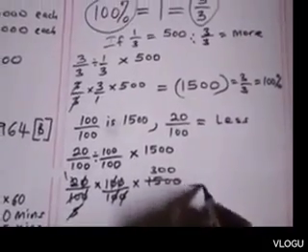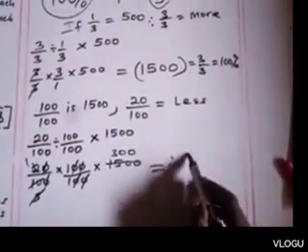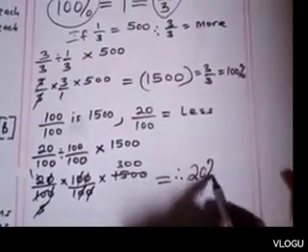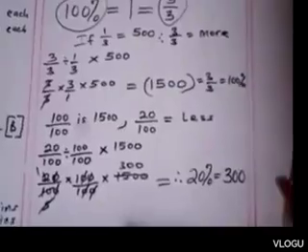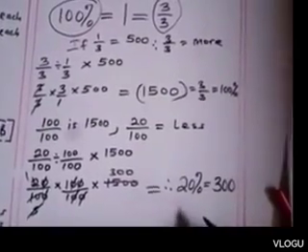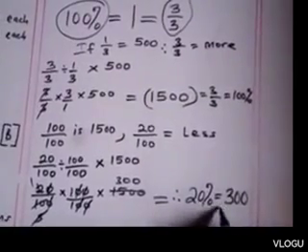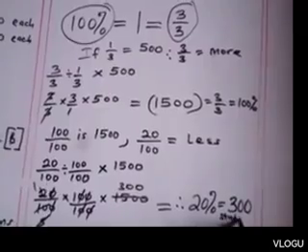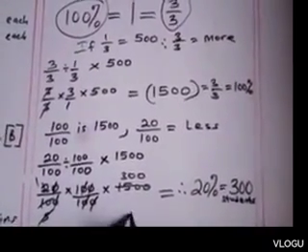So therefore 20% is equal to 300. And we are talking about 300 students. So that's option B.